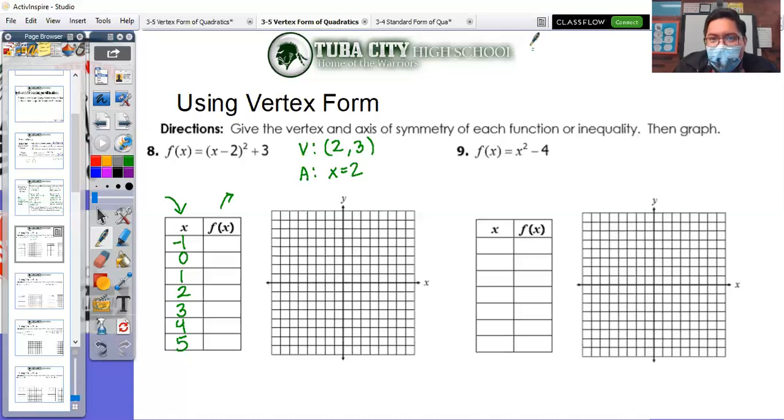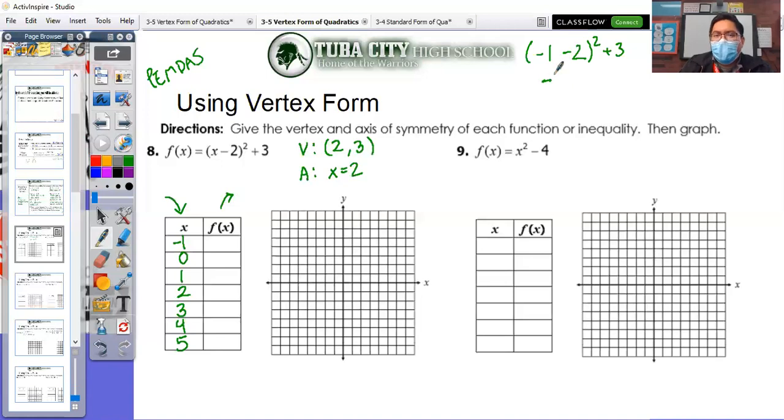So x squared, first one is going to be -1 minus 2 squared plus 3. And again, I just got this and I plugged in -1 right here. So put these two together. Just remember your order of operations, same thing. Parentheses first. Whatever's inside the parenthesis, we got to do that first.